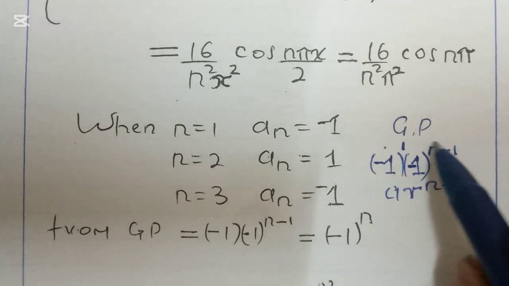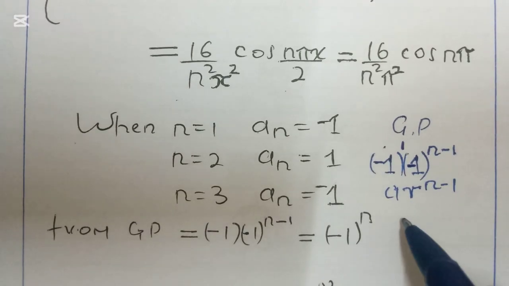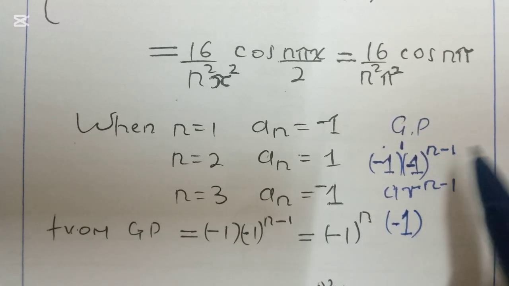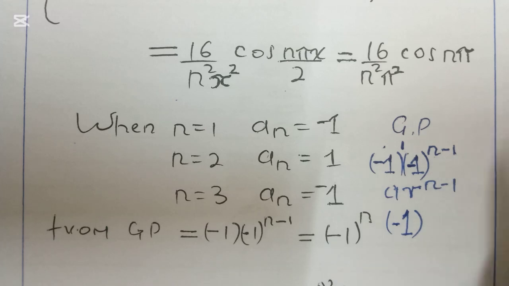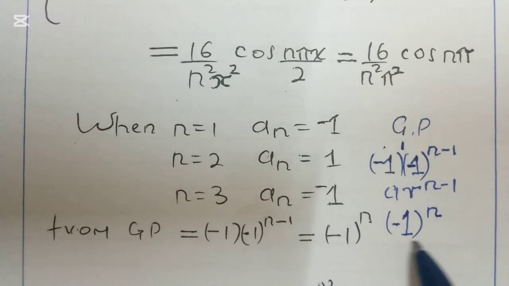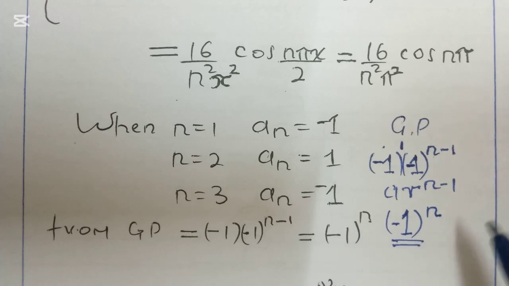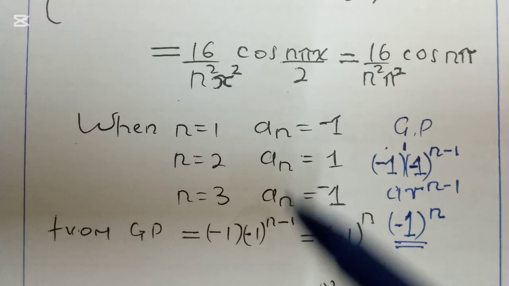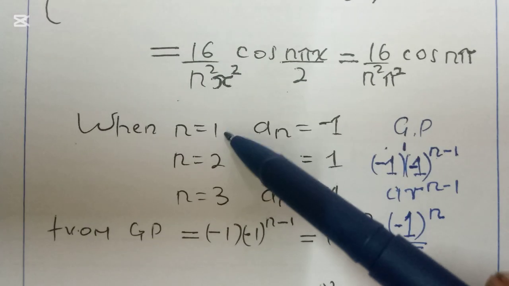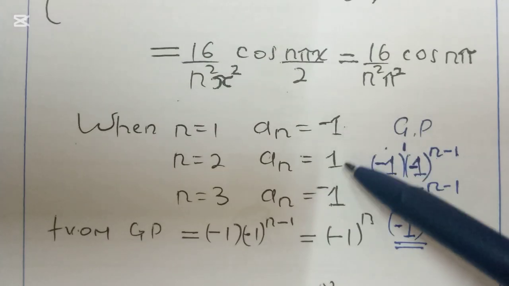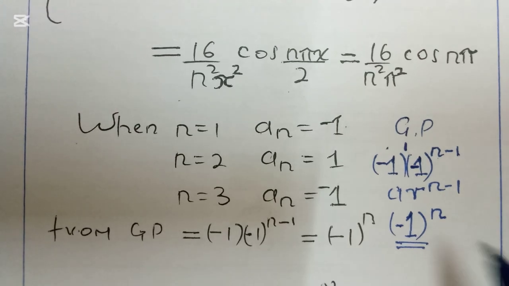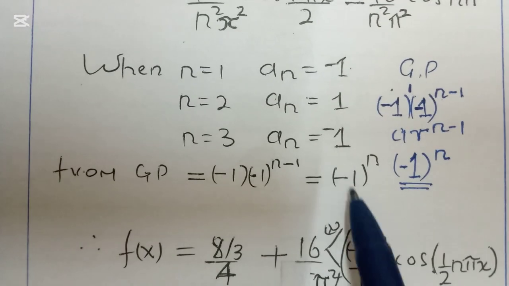Using the law of indices, you have -1 like that, and then you can add 1 plus n minus 1, that gives us n. So this is what we are now going to get to represent our series, not of odd numbers, but of numbers 1, -1, 1, -1, and so on. And so, guys, this is what I have found right here.